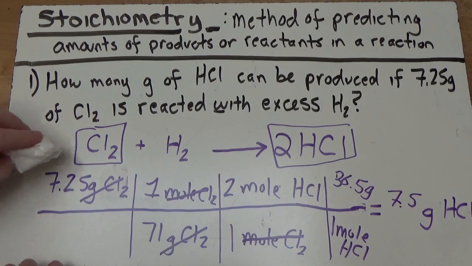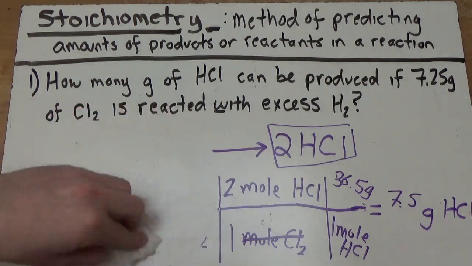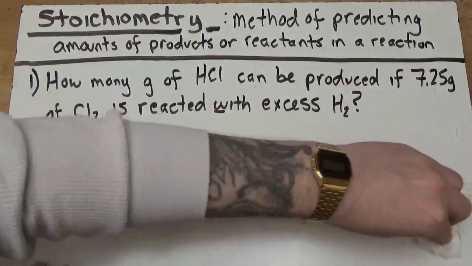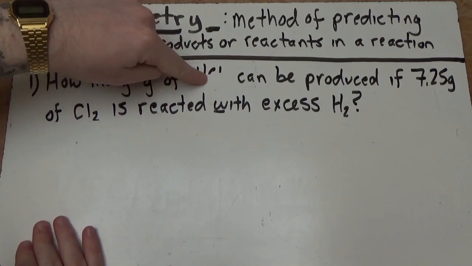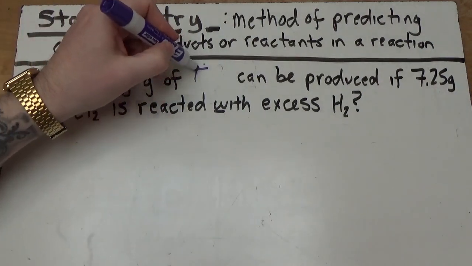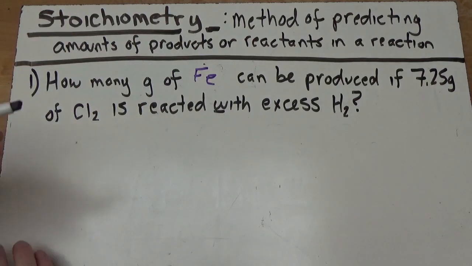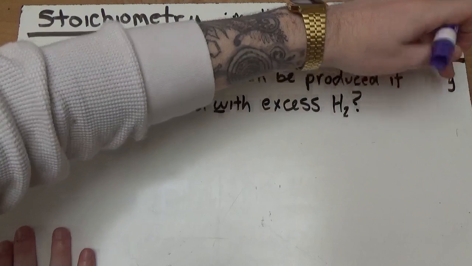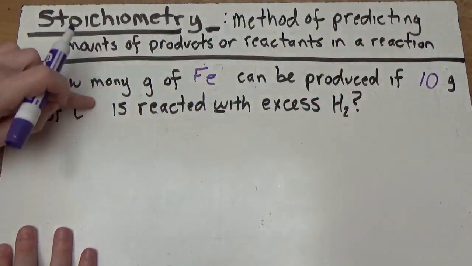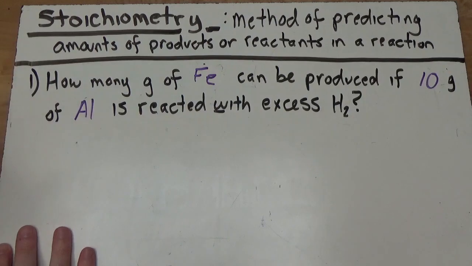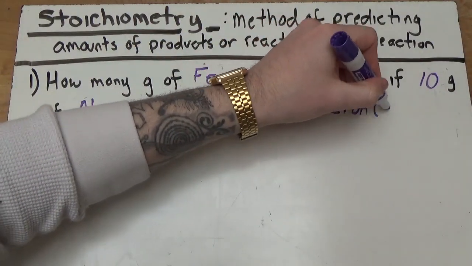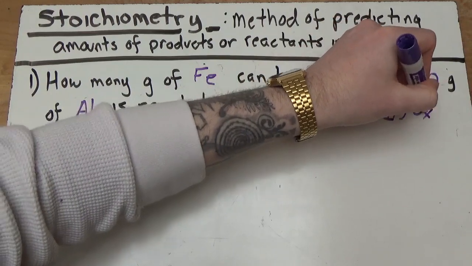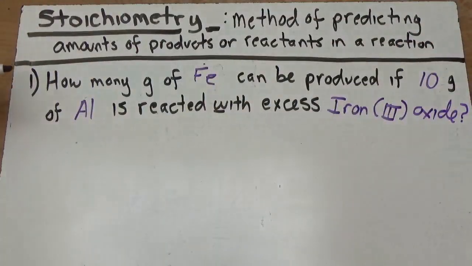Let's do another problem. This other problem, we're going to talk about how many grams of, in this case, iron can be produced if 10 grams of aluminum is reacted with an excess of iron 3 oxide.